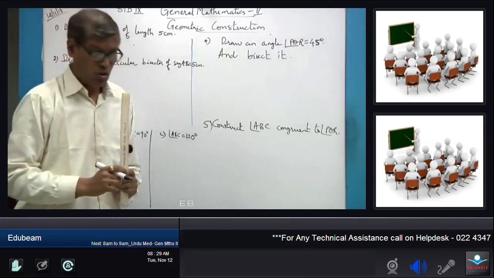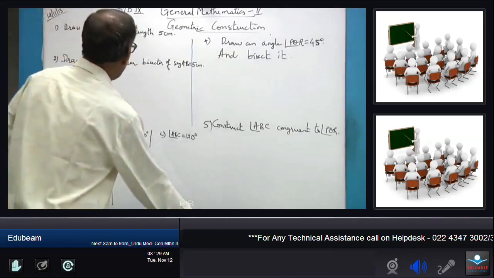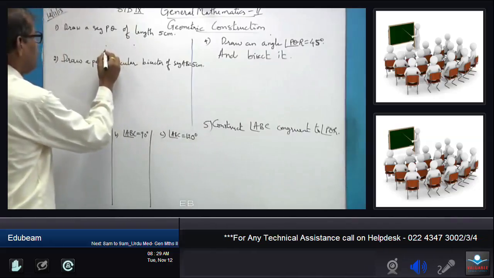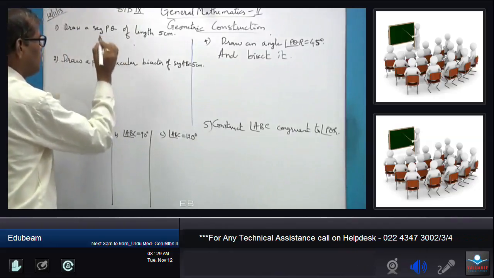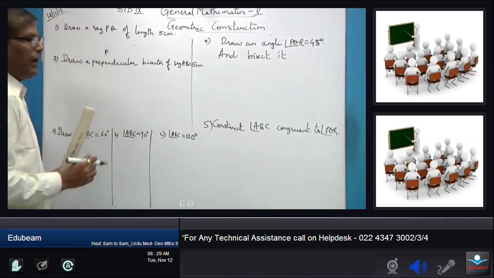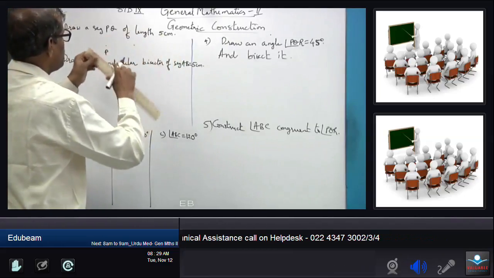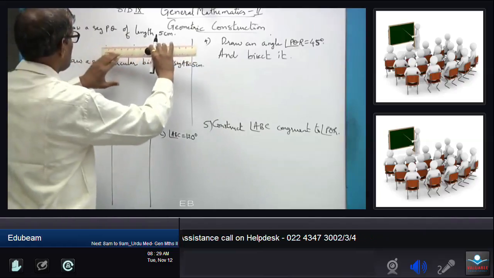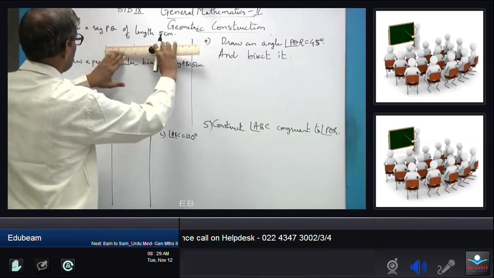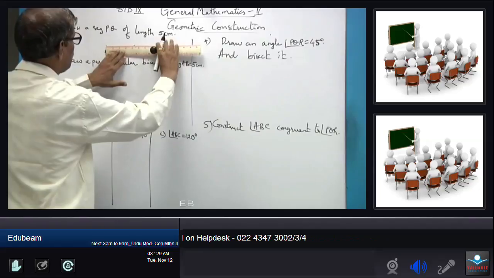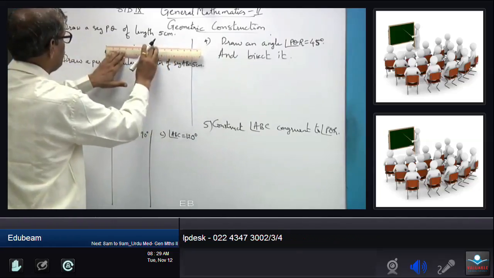Perpendicular means a 90-degree angle. You have to draw directly a perpendicular line and make this into equal halves, 2.5. So for that case, you require a compass.